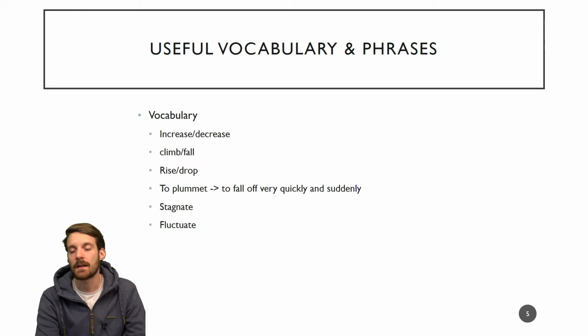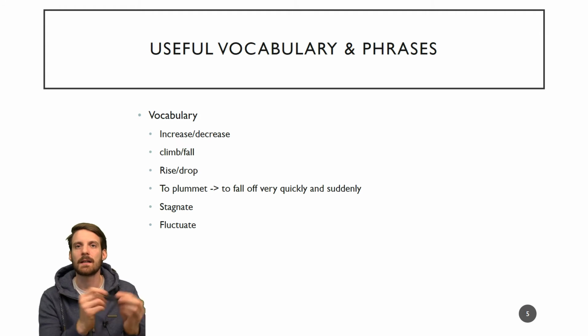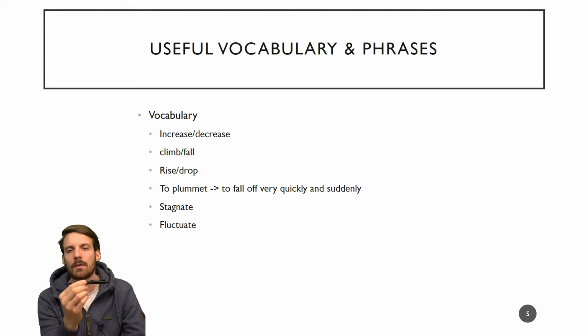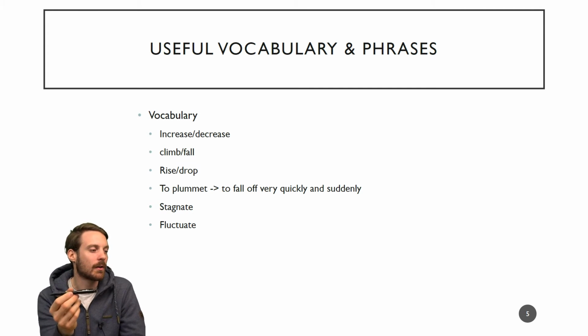So stagnate is when something does neither increase nor decrease, it stays the same. So if, for example, the price of Apple products stagnates, which won't happen, but just so that you know what the word means.